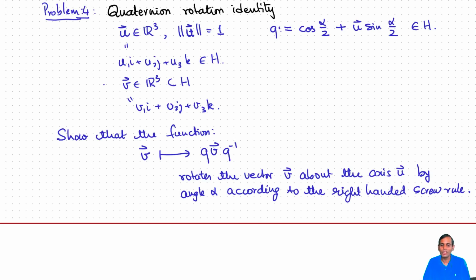So when you have your video game and you're running around and turning, every time you turn, you have an axis by which you turn and an angle by which you turn, and those computations before rendering are done using the quaternion rotation identity. So Hamilton's quaternions, discovered in 1843, are still used today to give fast rendering of 3D graphics in video games. Now, isn't that cool?